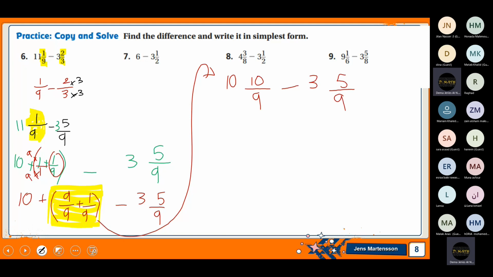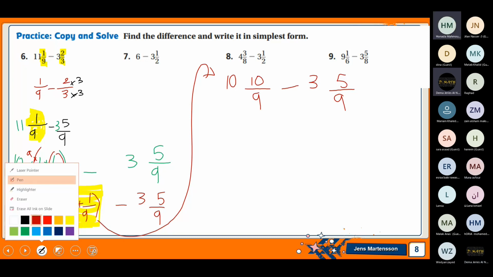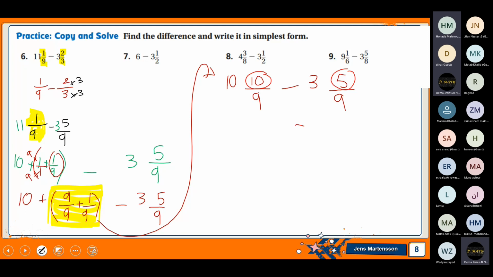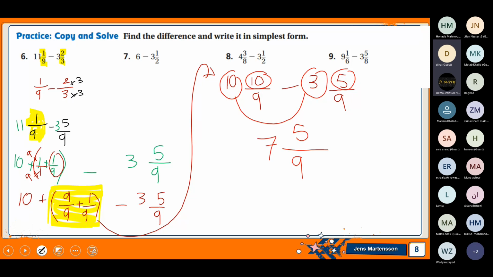Then after that, I will subtract the fractions. 10 minus 6 is 4. Then 10 minus 3 equals 7. So it will be 7 and 4 over 9. Is it clear now? Yes, teacher.